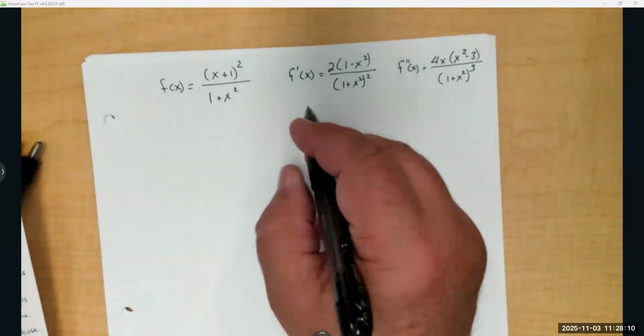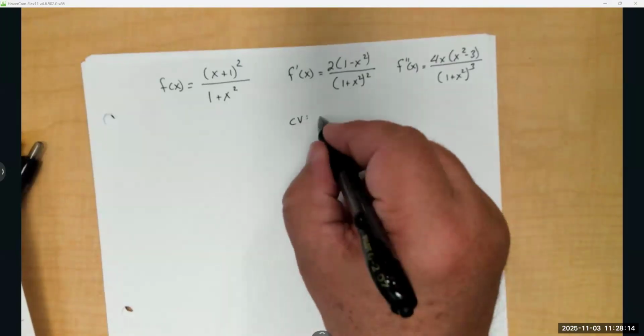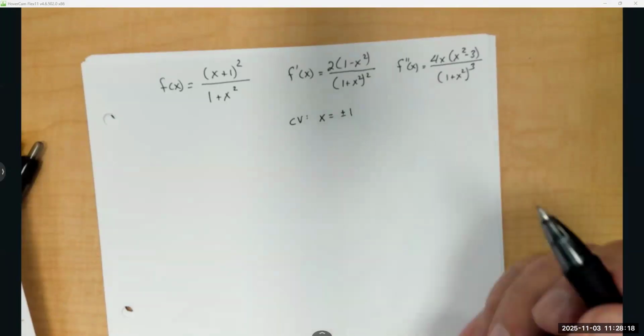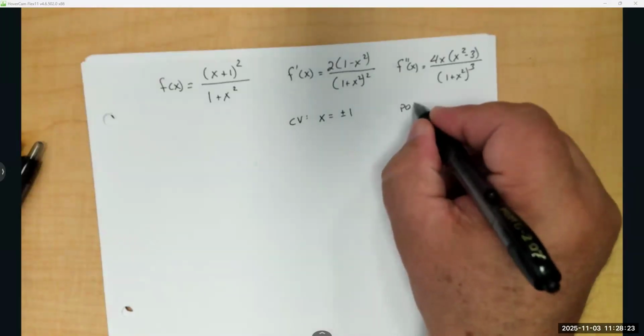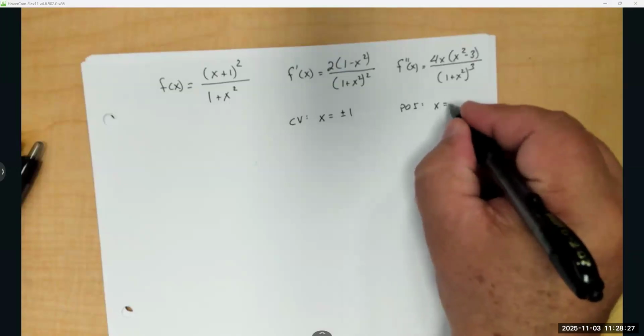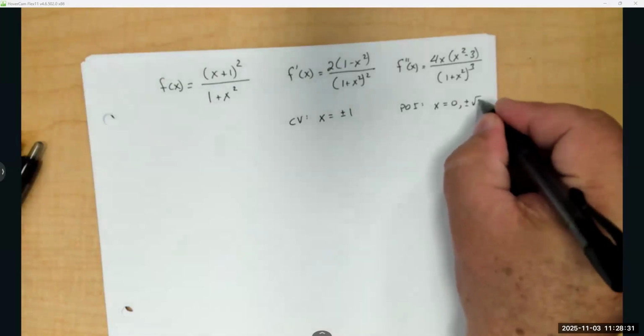So my critical values are at x equals plus or minus 1. My points of inflection are at x equals 0, plus or minus radical 3.